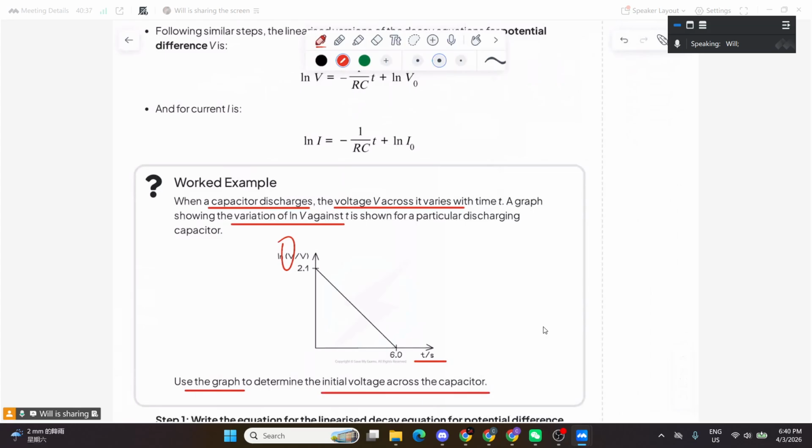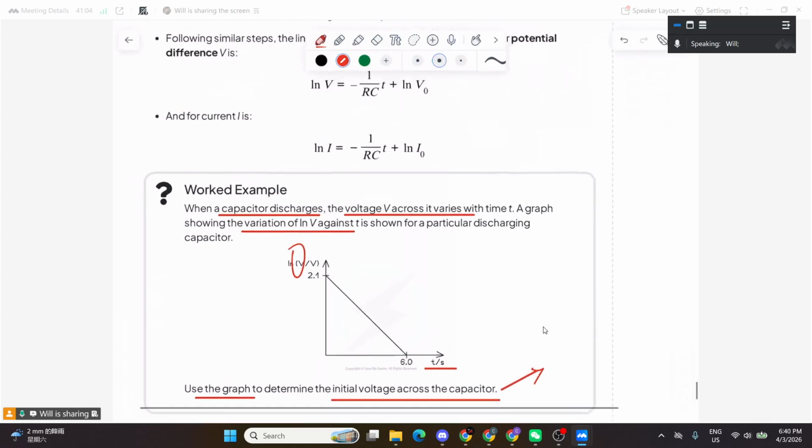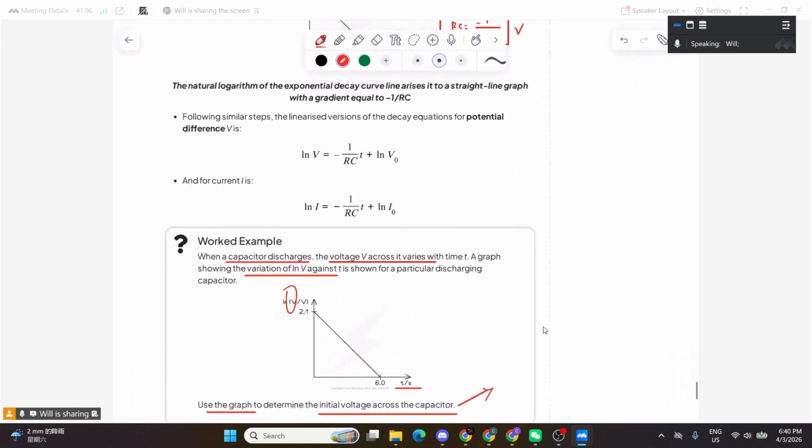How to solve it? The y-axis is ln V. The V is the potential difference. So here is the equation above the graph.